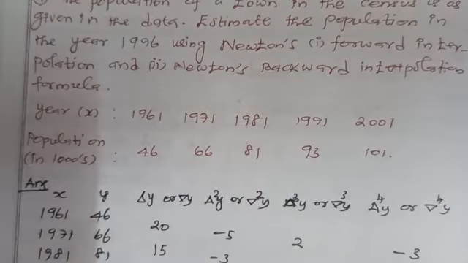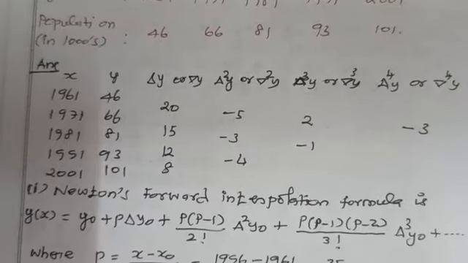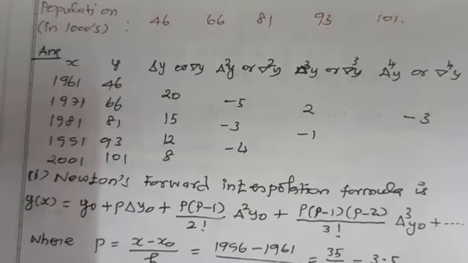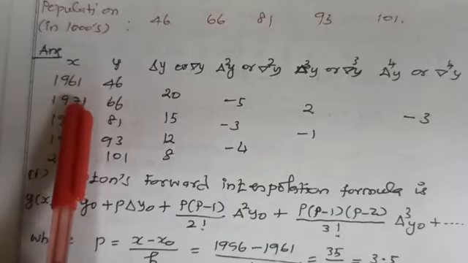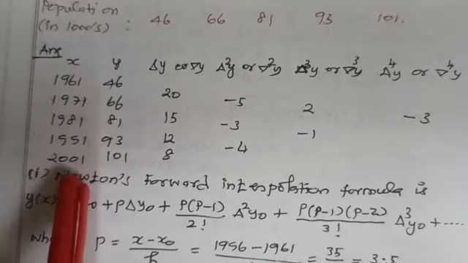Okay. First, we have to prepare the difference table. X values 1961, 1971, 1981, 1991 and 2001.